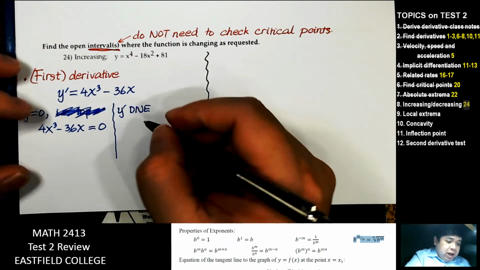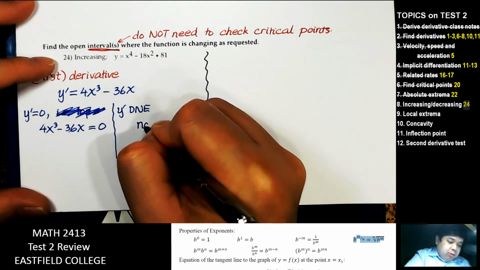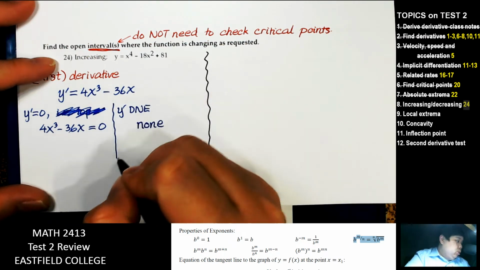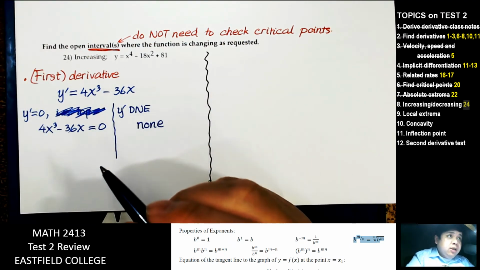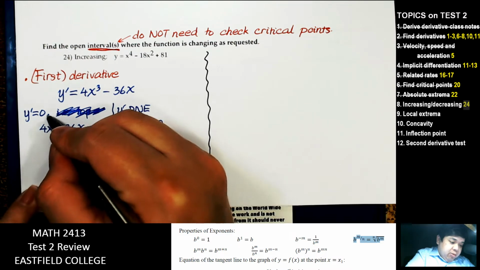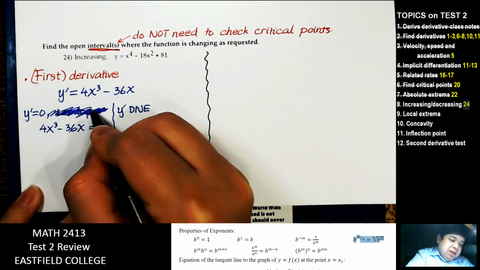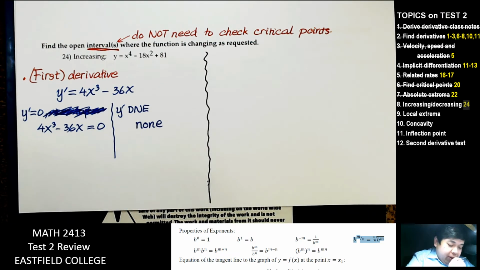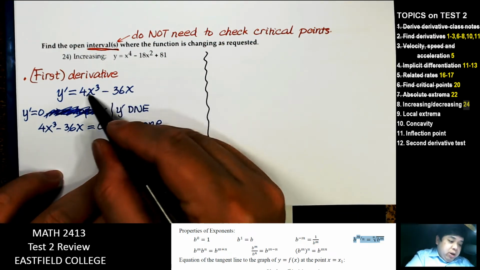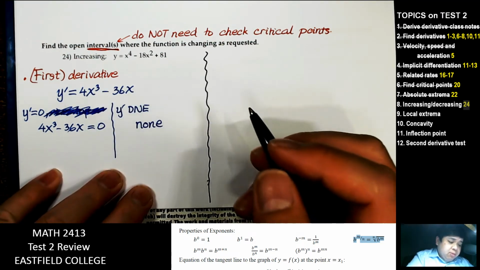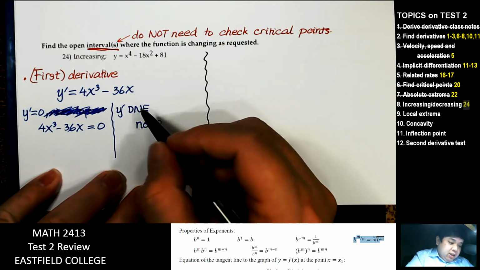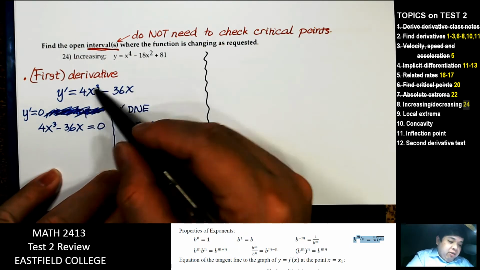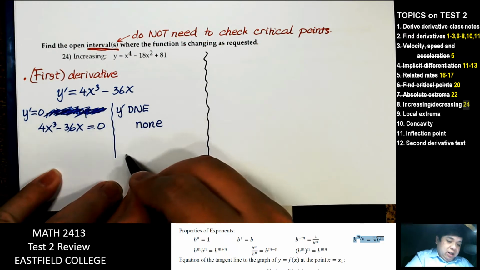I can do it by hand, but for demonstration I need to use a calculator. For the undefined case I write none, because there is nowhere this is undefined. It is defined everywhere, so we do not have anything here.